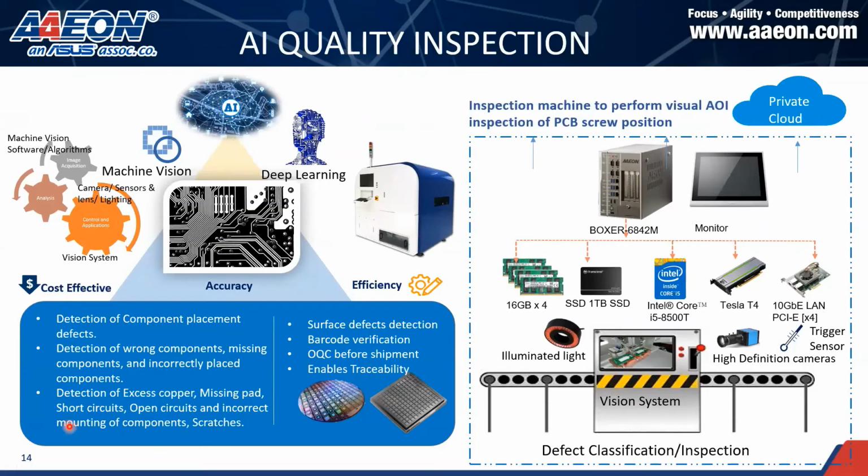For the first part, if you look at the charts here, some customers use it for detection of component placements, locations, or defects on the components, or if there are components missing on the PCBA or incorrectly placed components on the PCBA.